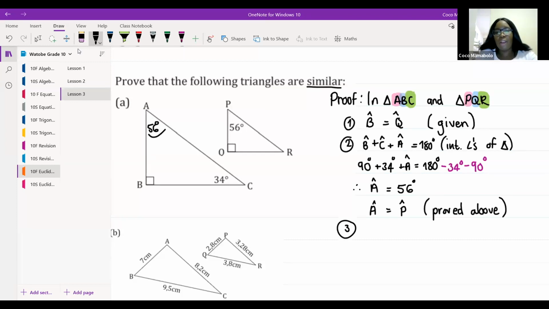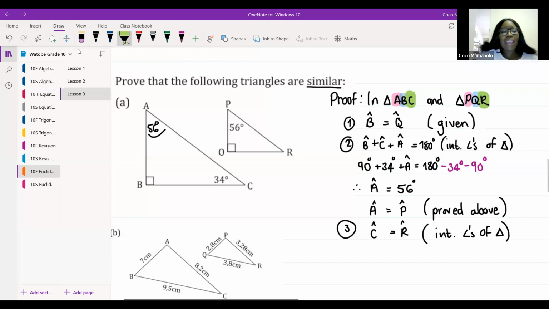Number 3, right? We can then say, by definition, because we know that A and P are equal and B and Q are equal, we can automatically say that angle C is equal to angle R. And the reason for that is interior angles of the triangle. As soon as we can prove that two angles are equal, it's automatic that the third will be.